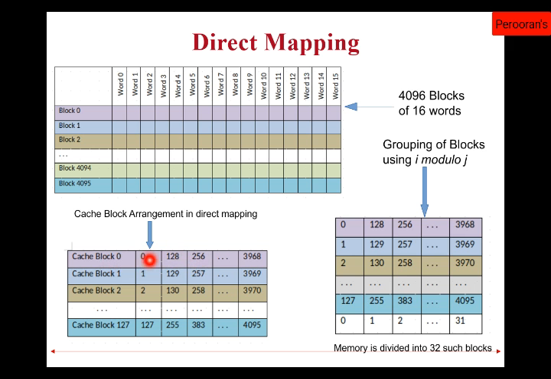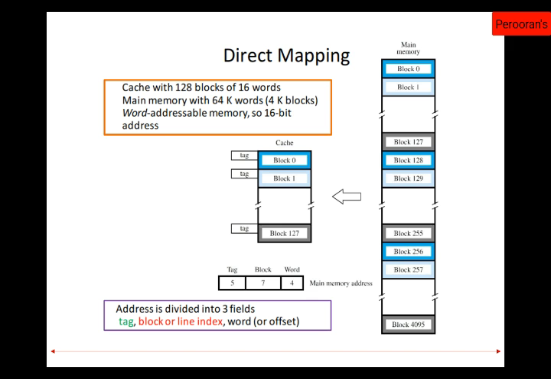You cannot place main memory block 0 elsewhere, and you cannot place main memory block 128 elsewhere. Consider a case where this cache block is empty, and I place main memory block 0 here.